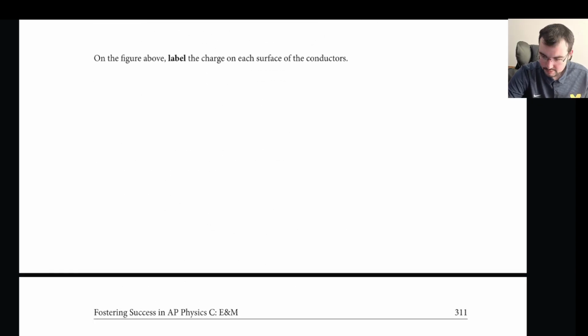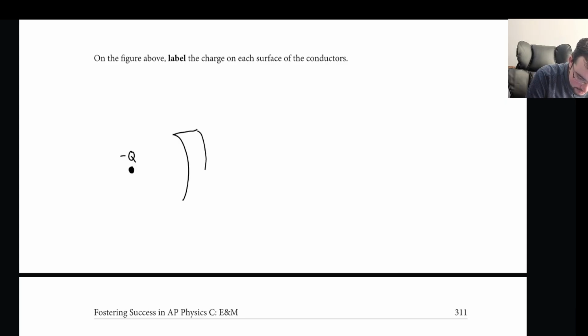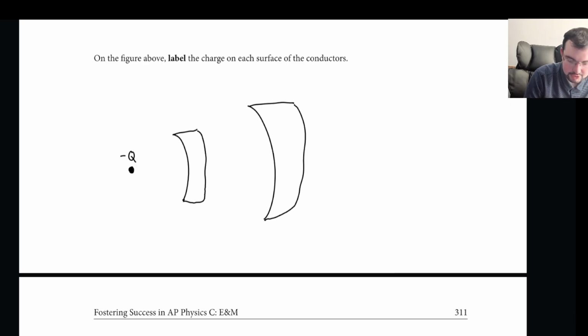So here's a quick visual of this. We had our negative Q in the center here. Then we had our first shell, then we had a gap, then we had our next shell. It's suspiciously similar to how I draw my lens diagrams, I guess.